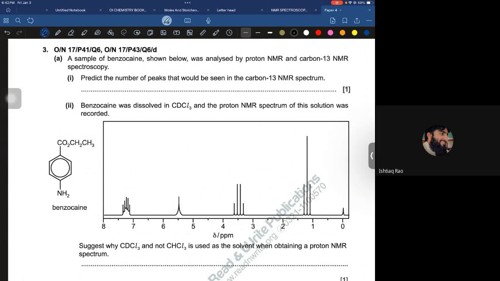Now you consider the carbon atoms, not the protons. So this is 1, this is 2, this is 3, this is 4, this is 5, this is 6 and this is 7. So total 7 peaks you would see over there.